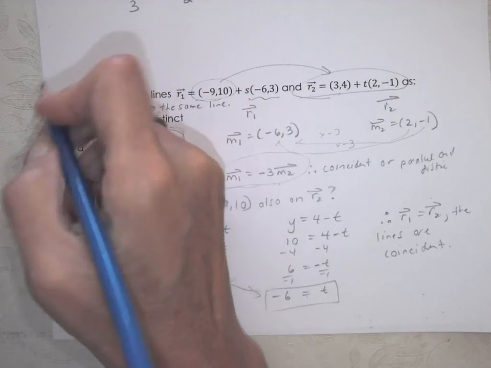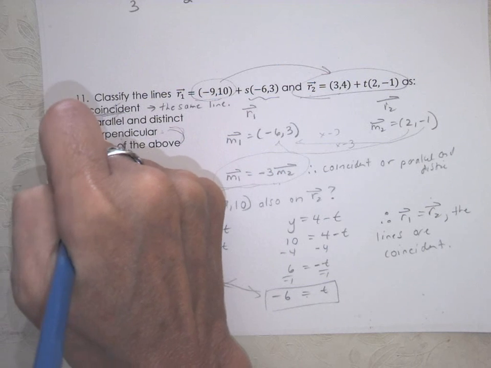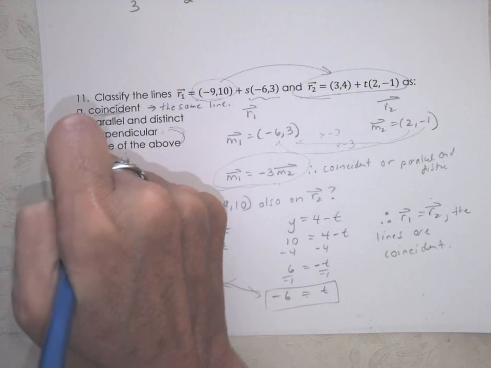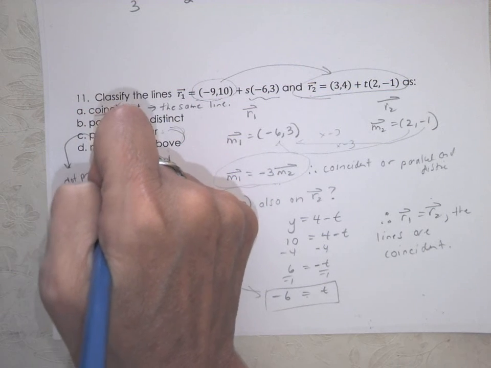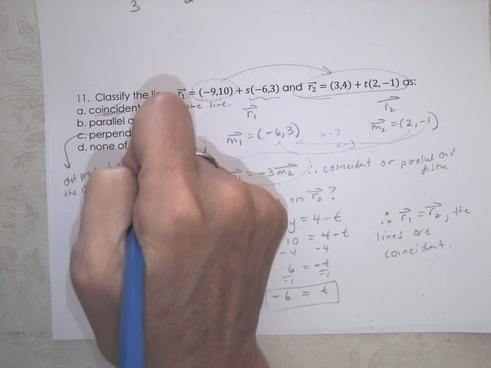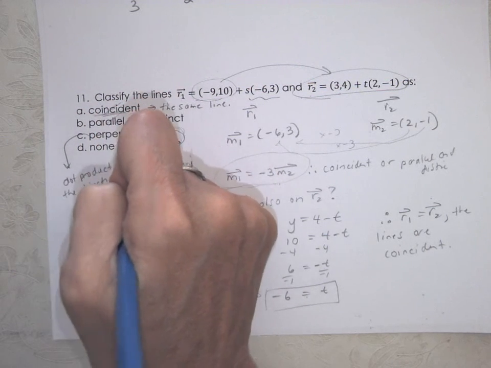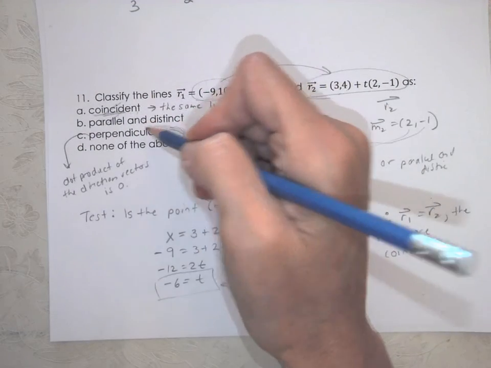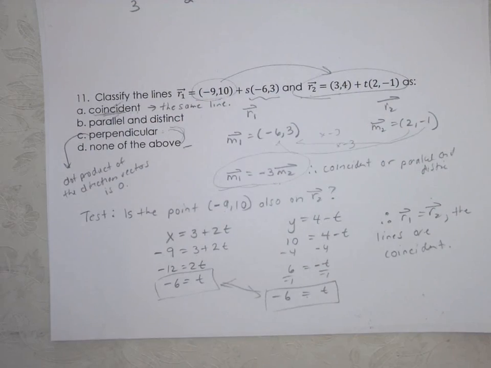Perpendicular means the dot product of the direction vectors is 0. That's how you'd have your two lines being perpendicular. And then if none of those three things were true, then you would select none of the above.